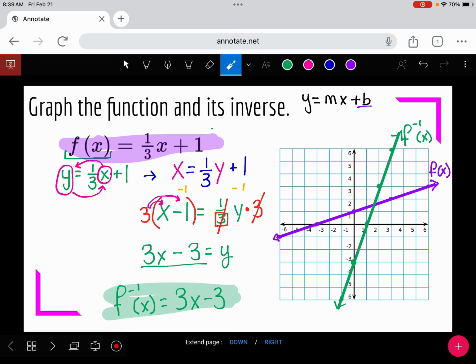What was a y became an x. What is our x-intercept on the purple line? -3. What is our y-intercept on the green line? -3. What was an x became a y. Things that are x's become y's.